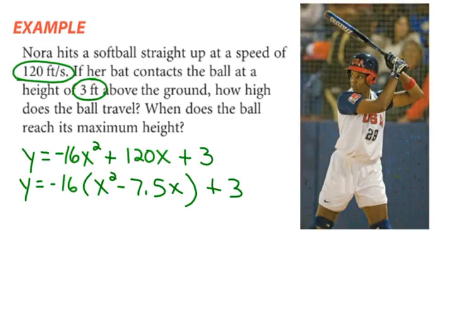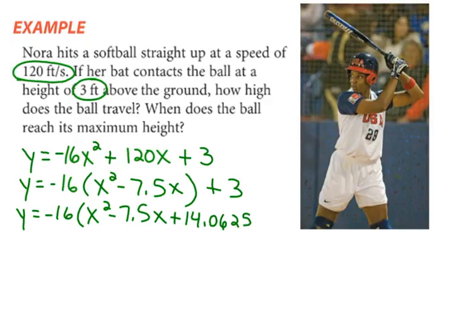Now I'm ready to take half of 7.5 and square it. So y equals negative 16 times x squared minus 7.5x. Now half of 7.5 squared is 14.0625. So plus 14.0625 plus 3.